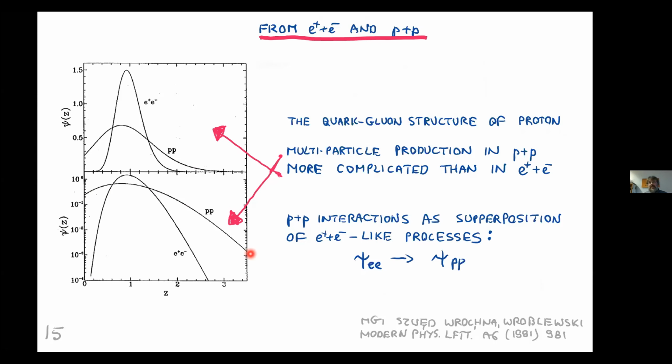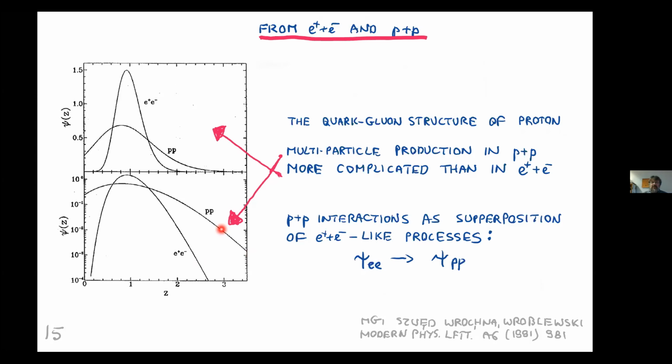in the number of strings, which in a moment will be how we move from pp to AA, right? Instead of strings, we'll talk about wounded nucleons and so on, participants. And of course, if you average over different numbers of wounded nucleons, you get a broader multiplicity distribution. So you can understand at least qualitatively why, first of all, in e+ e- you have log-normal, and then why in pp this log-normal may be preserved, assuming that again it's a string branching process in pp, but then you have maybe many strings with varying energies and so on.